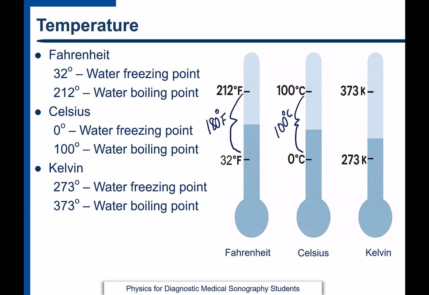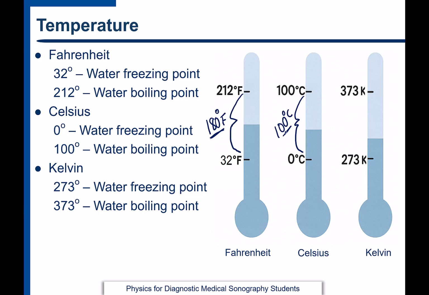And that's why when we have to do the conversion, there's that fraction that's involved, because you'll notice that Fahrenheit degrees are smaller because there are 180 of them between freezing and boiling, whereas there are only 100 Celsius degrees between freezing and boiling.